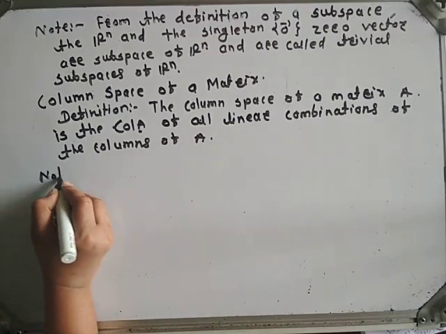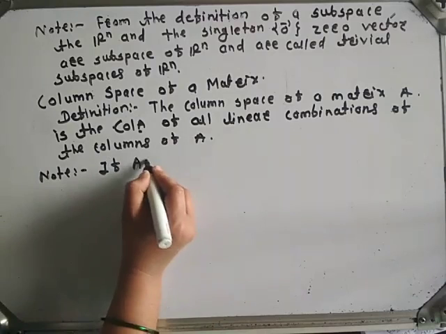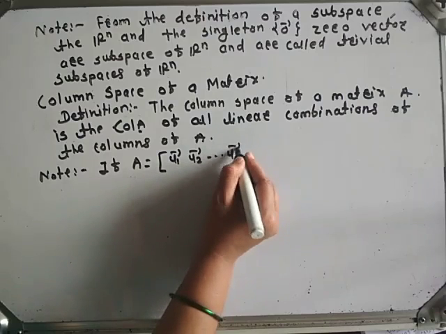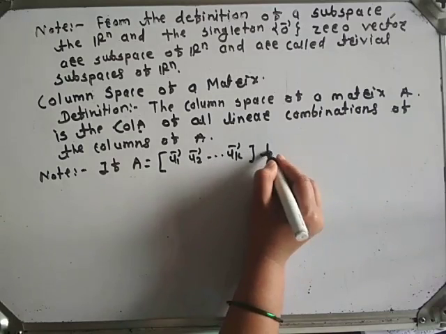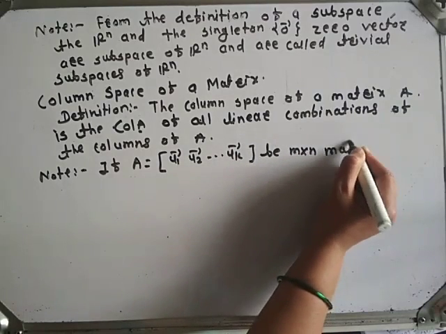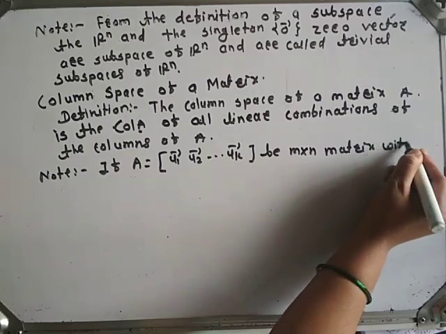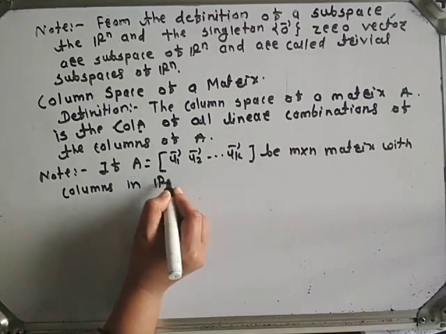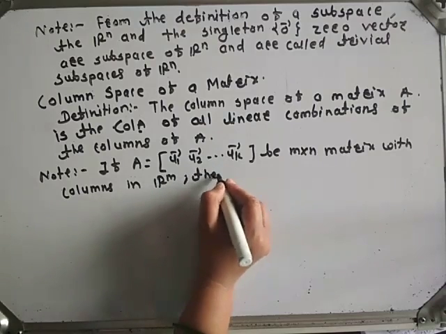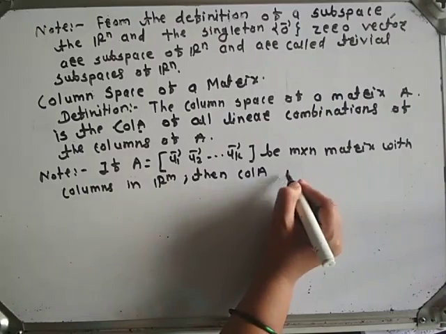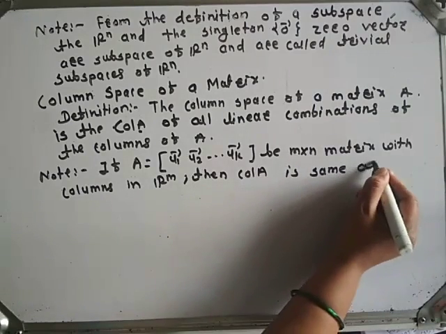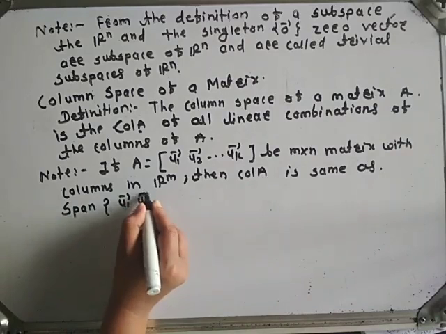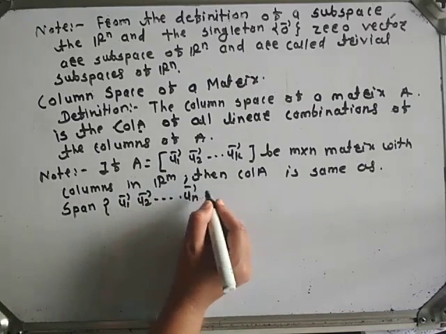Okay. Note, if A is equal to the matrix with columns u1 bar, u2 bar and so on up to un bar, an m by n matrix with columns in Rm, then the column space of A is the same as span of u1 bar, u2 bar, and so on up to un bar.